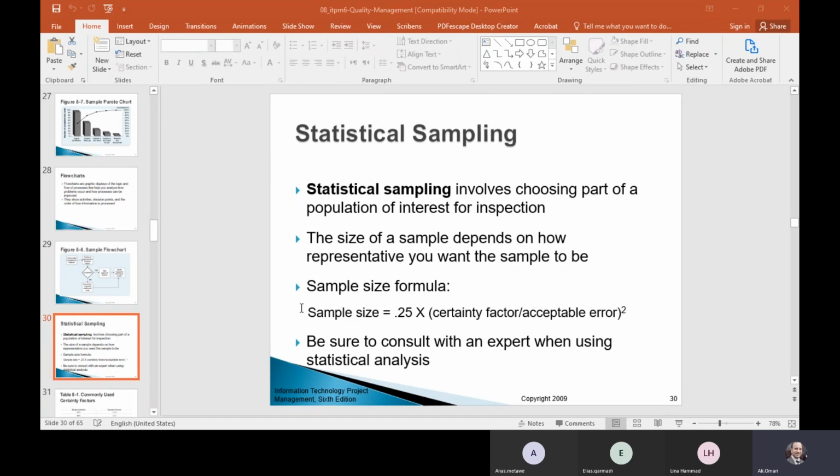And the certainty factor is how certain you want to be that the sample data does not include variation that does not exist in the whole population.